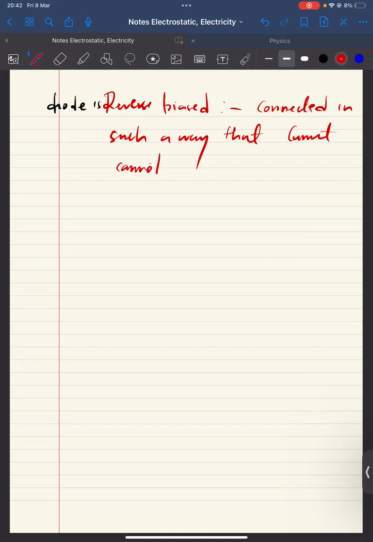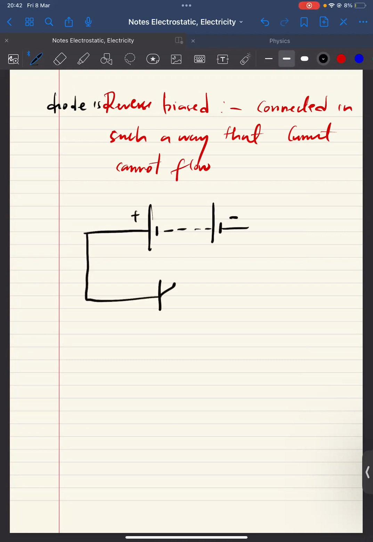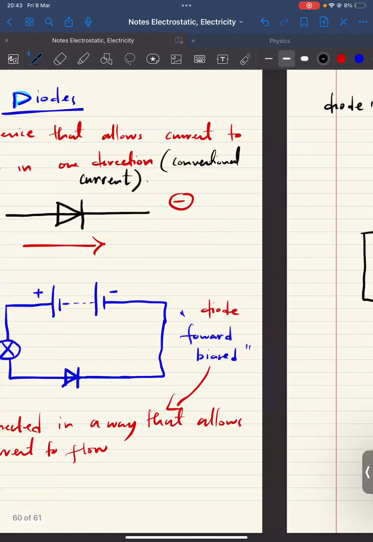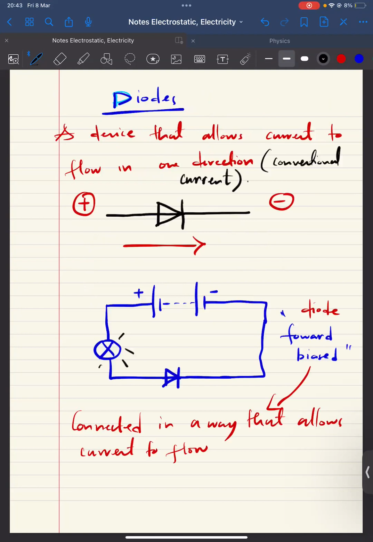Like the flow of current is blocked. So this is an example. Let's assume these are positive and these are negative here. And you bring your diode and you connect it like this. This bulb will not light, unlike this one here, which will work.